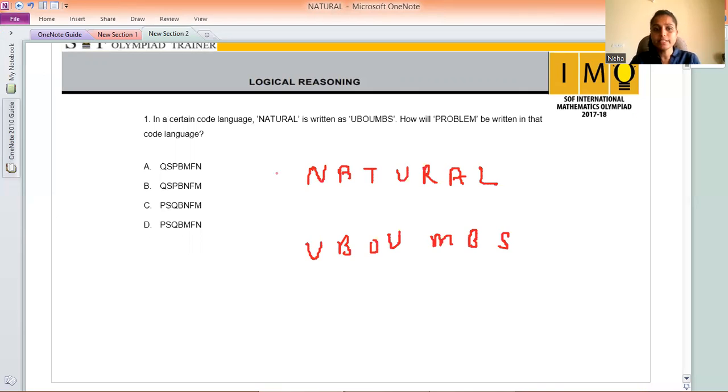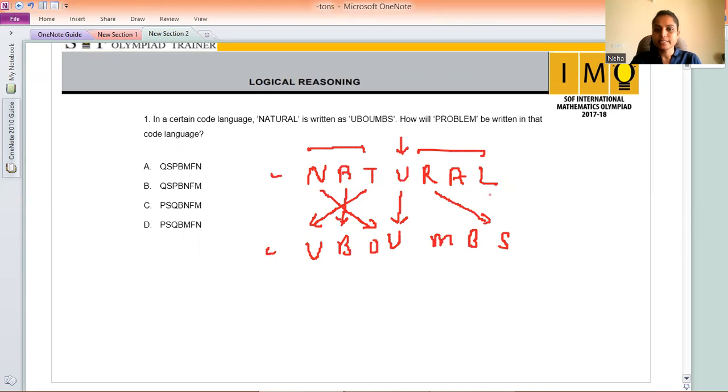So in these two words you can easily observe that three letters, and this is your middle letter. The middle letter remains same, correct? Okay, and here N plus 1 is O, T plus 1 is U, and A plus 1 is B. So this is the concept here. R plus 1 is S, L plus 1 is M, and A plus 1 is B.